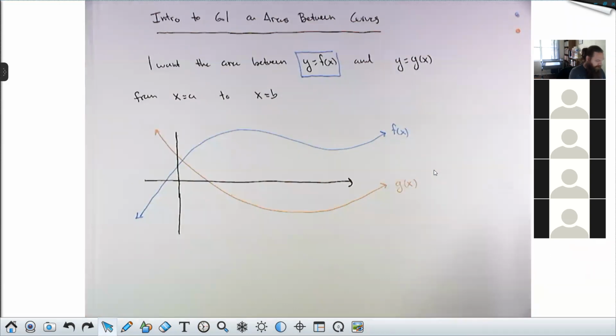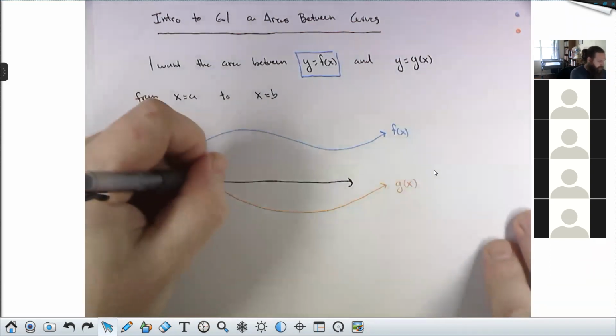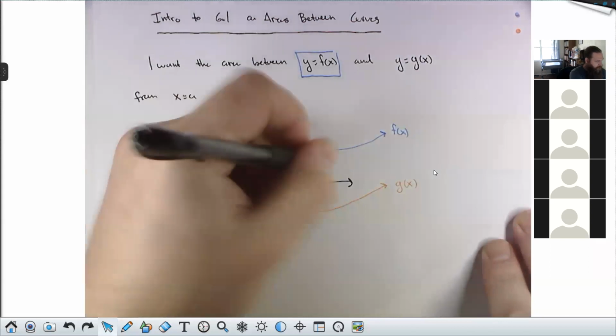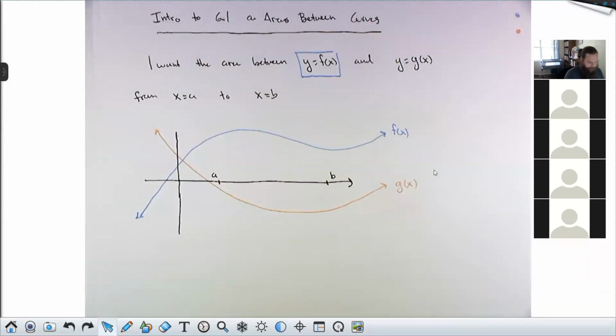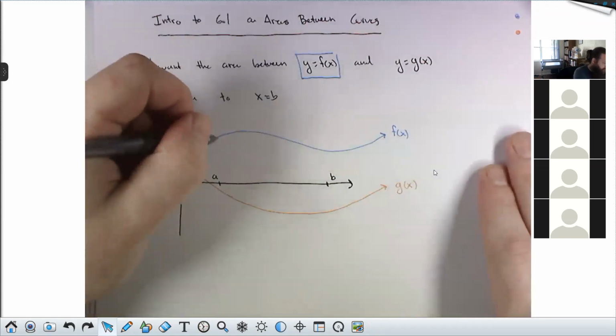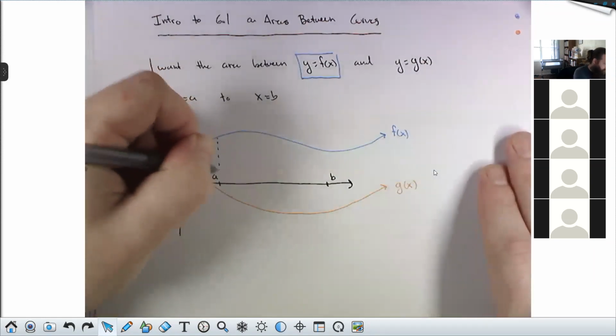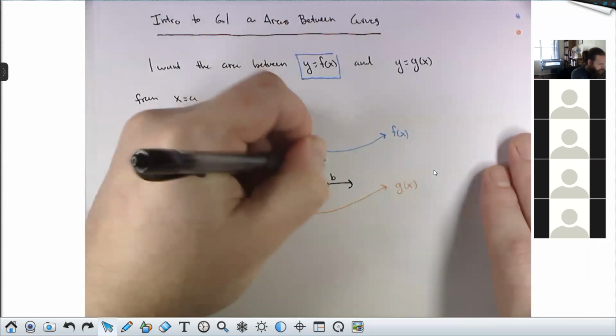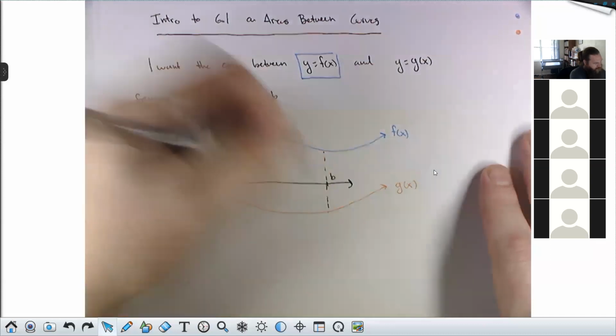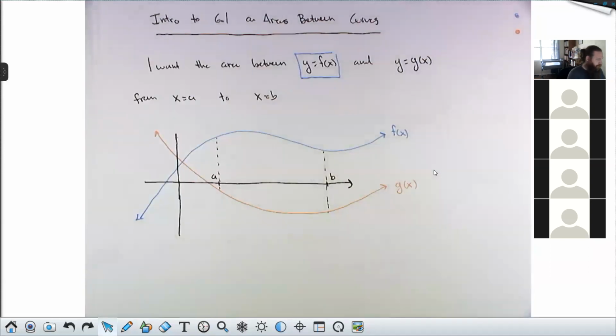And maybe here's a, and over here it's b. The area I'm interested in is the pencil shaded area in here.